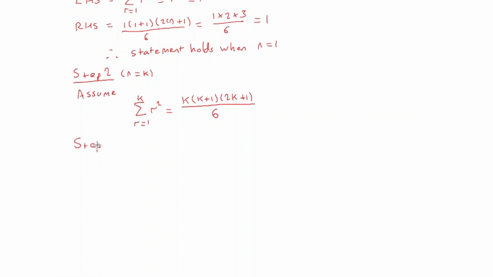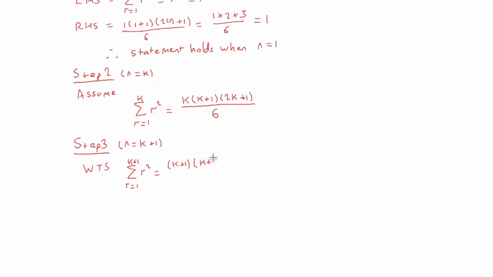Now we move on to step 3. Step 3, our inductive step, is when n is equal to k plus 1. What we want to show is that the sum from r equals 1 up to k plus 1 of r squared is equal to, well, k is going to become k plus 1. K plus 1 becomes k plus 2 because it's k plus 1 plus 1.